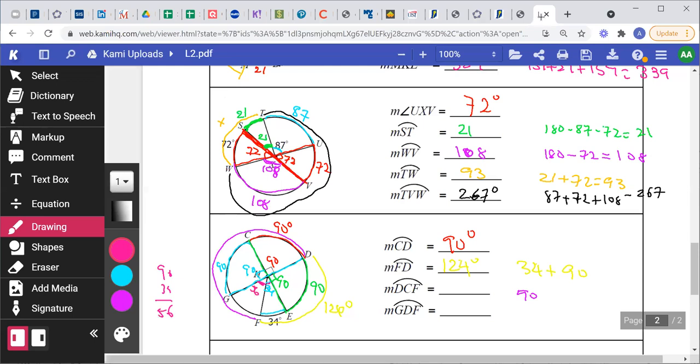So it means this angle is 56 and this arc here is 56. So it's going to be 90 plus 90 plus 56. What does that give us? 90 plus 90 is 180, 180 plus 56, class. That's 246, okay.